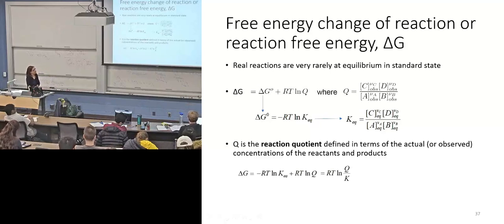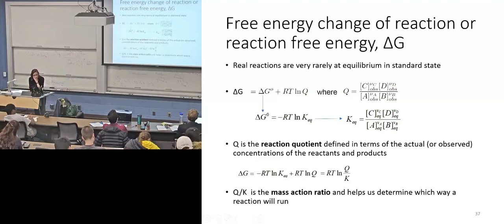Pull the RT, our constants, out into the front. Because this would be subtraction, Q minus K, you can simplify this to RT, there's no longer a negative here, times the natural log of Q divided by K. And we have a name for that Q over K term. It's the mass action ratio. What the mass action ratio tells us is which way a reaction wants to run.